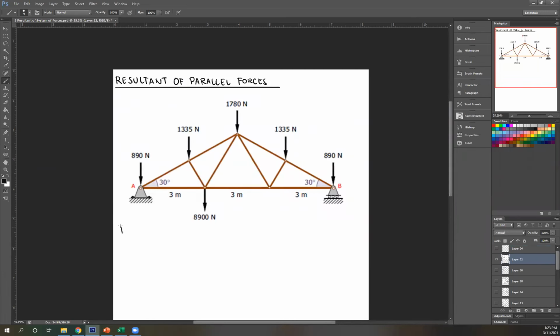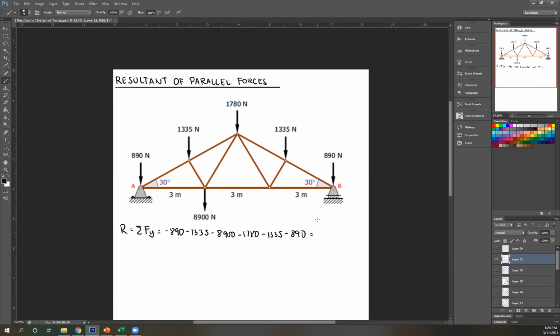The resultant is easy. That's just summation of forces. All of it in Y, all of it downward. So negative 890 minus 1335 minus 8900 minus 1780 minus 1335 minus 890.